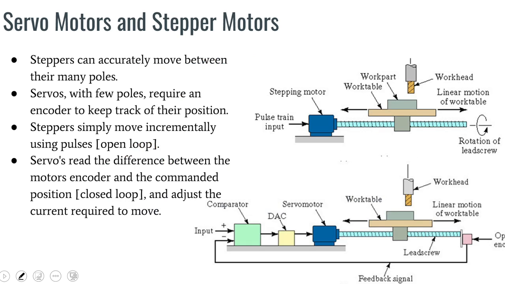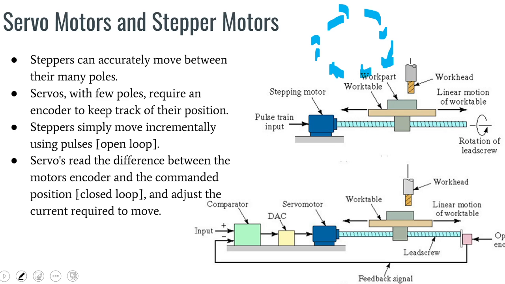Because stepper motors have this large number of poles, we can slowly move between their poles and make a lot of accurate step moves, hence the name stepper motors.